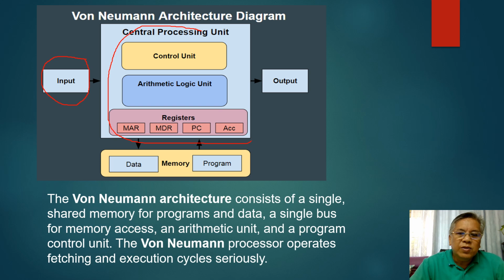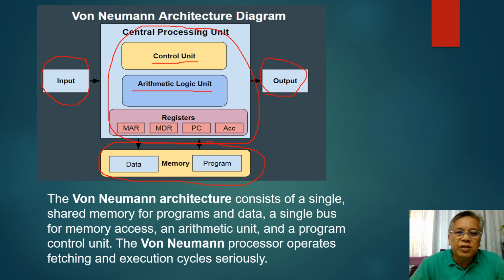The central processing unit comprises your control unit, your arithmetic logic unit, and of course, the registers inside your central processing unit. Then we have the output device, and of course, the memory or the storage device.